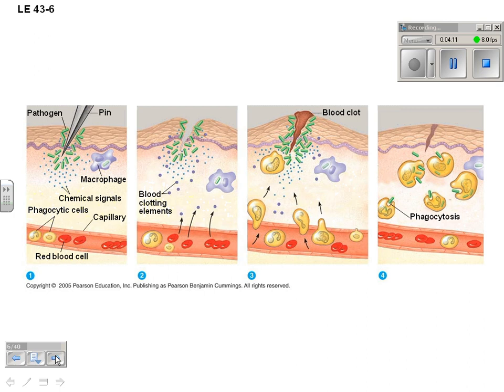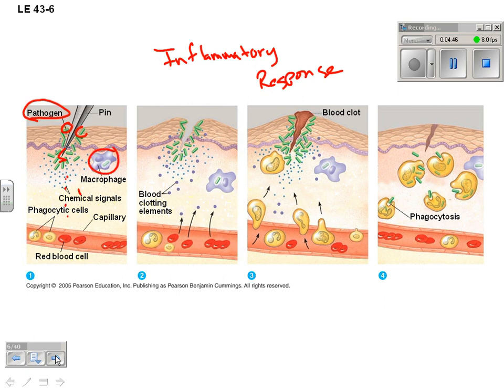Now, another part of your immune system, this is a diagram from your textbook of something called the inflammatory response. You may have seen that mentioned earlier. It's something that happens when your skin is damaged or cellular damage occurs. In this case, bacteria, pathogens, the term for something that makes you sick is a pathogen, get in, and chemical signals are sent from macrophages, which are white blood cells.